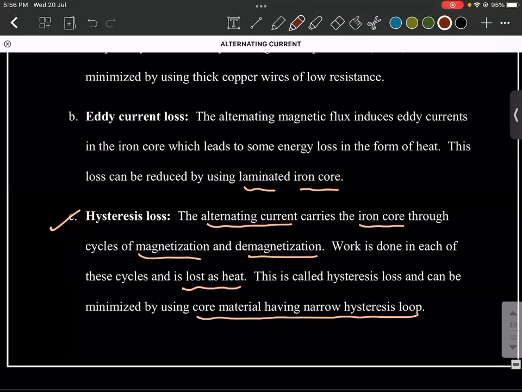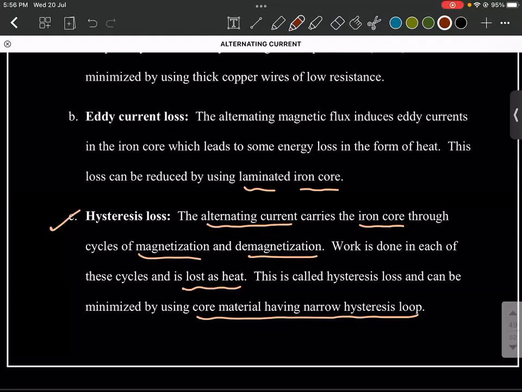So what has happened? Recollect the sequence. First, what kind of iron core are you using? Soft iron. Soft iron is basically a ferromagnetic substance. So out of paramagnetic, diamagnetic, and ferromagnetic substances, which materials will exhibit hysteresis? Is it paramagnetic and ferromagnetic or only ferromagnetic? Only ferromagnetic.